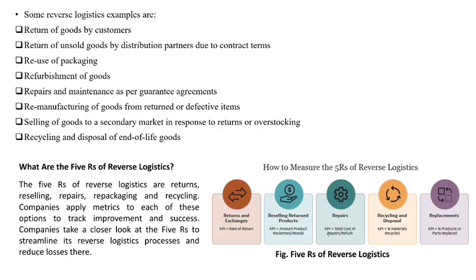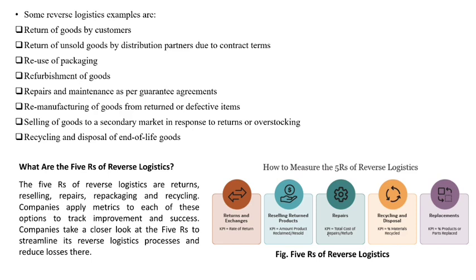So let us see what the 5 R's of reverse logistics are. The 5 R's of reverse logistics are replacement, recycling and disposal, repairs, reselling of branded products, and returns and exchanges. These are the 5 R's of reverse logistics.